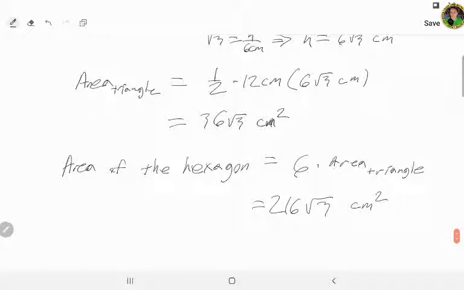And then we're going to get that times 216. And that gives us approximately 374 square centimeters. So we can theoretically create a formula for this. We're probably not going to, although you might see a homework exercise on that.